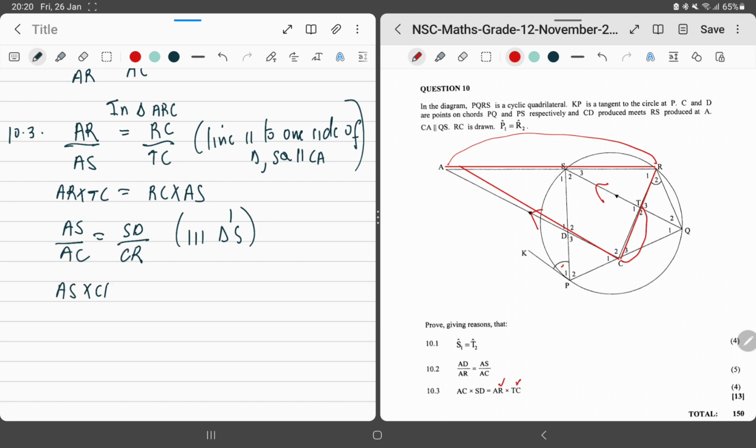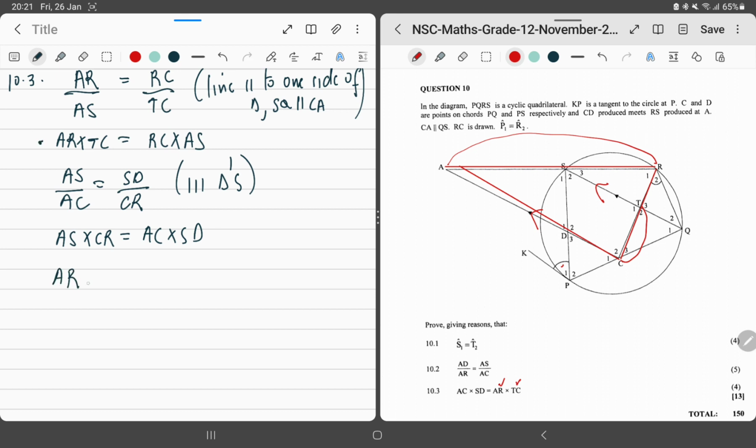AS times CR is equals to AC times SD. This is AS times RC. So we're just going to substitute with AC times SD.